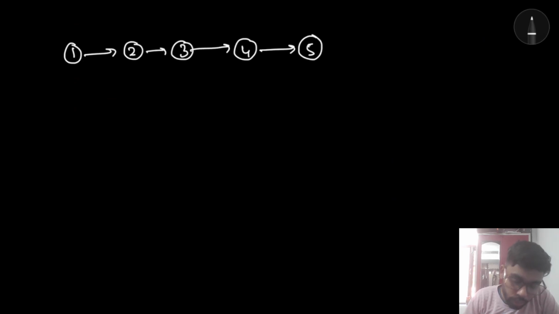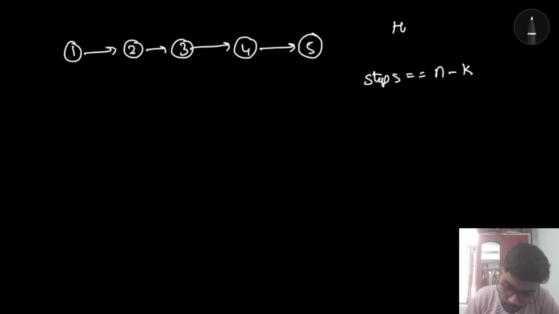So the algorithm I will use is, when the steps will be equal to n minus k, I will get the head. Head is equal to at this position. Then I need to traverse till the last to get the tail, because I need to attach the tail to the original head of the current list.